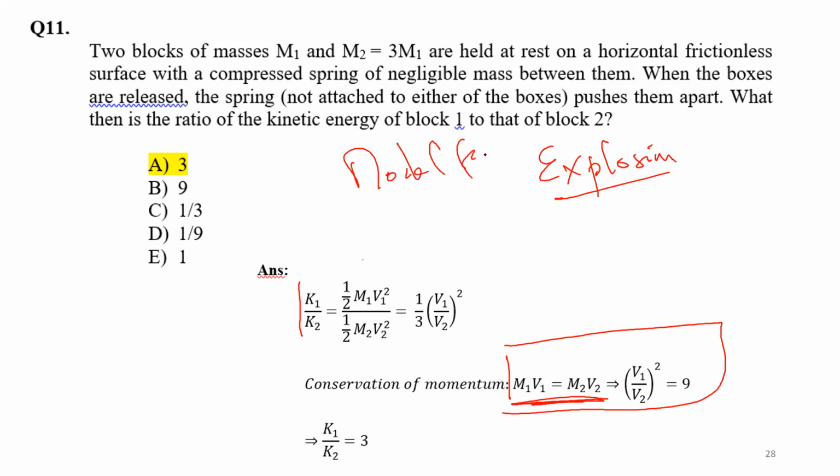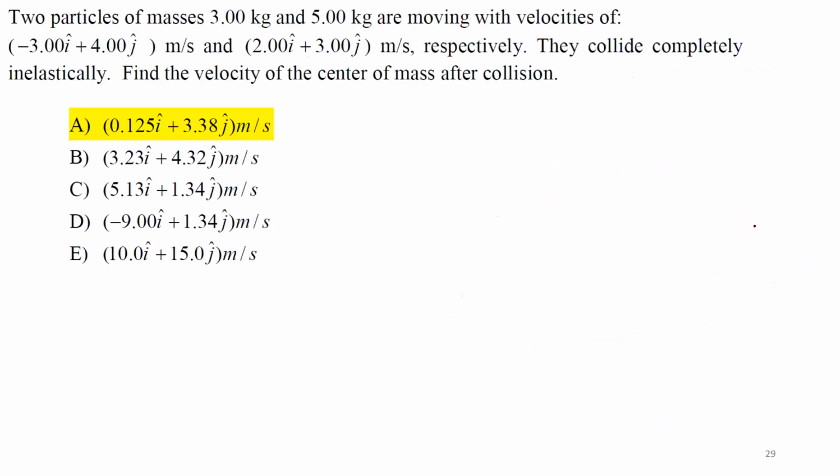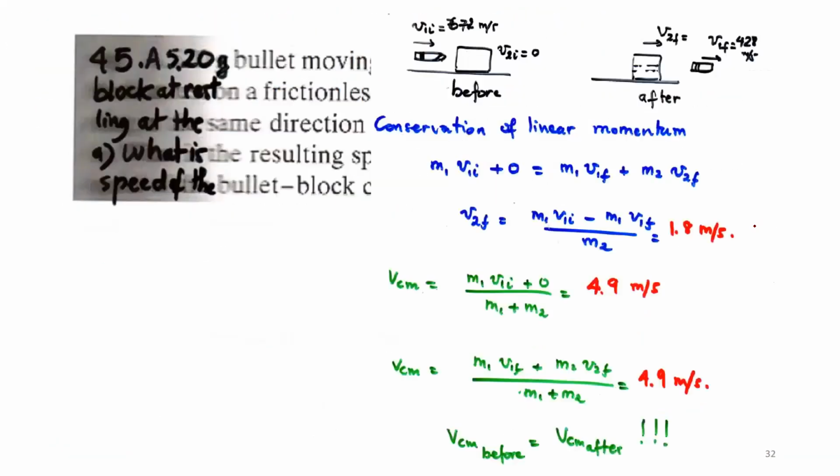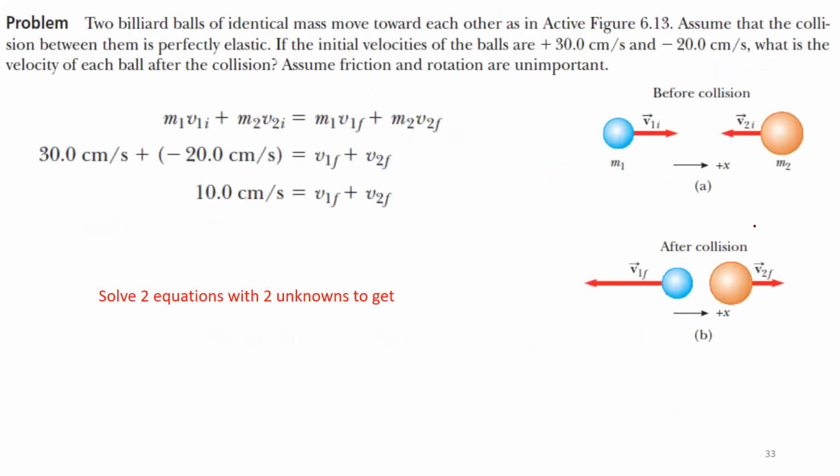And in an explosion, of course, net force is equal to 0. That means you have conservation of momentum before and after the explosion. I give you this as a problem, so please help yourself, solve as much as you can. Okay, I want to come to here.